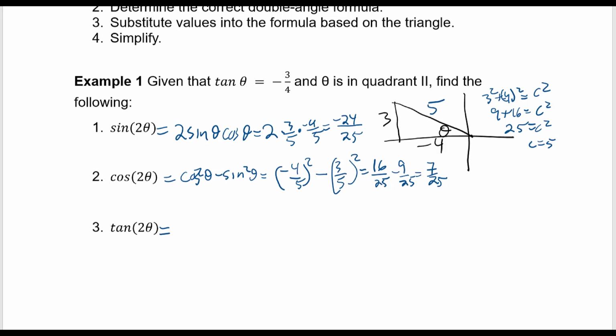Now if we look at tangent 2 theta, that was 2 tangent theta over 1 minus tangent squared theta. And we already know what tangent theta is.